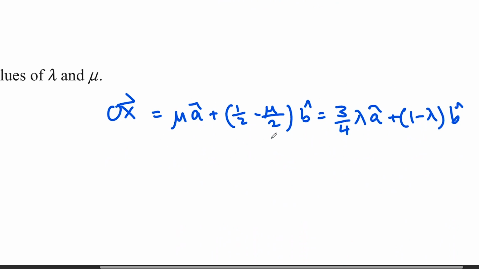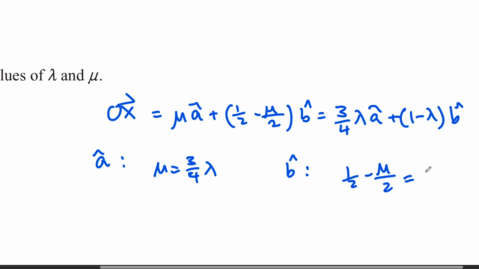So in the A unit vectors, mu equals 3/4 of lambda, and in the B unit vector, half minus mu half equals 1 minus lambda. Okay, so now we can substitute this into here.